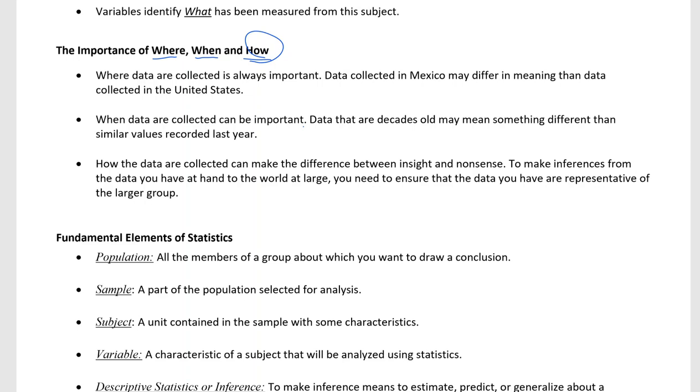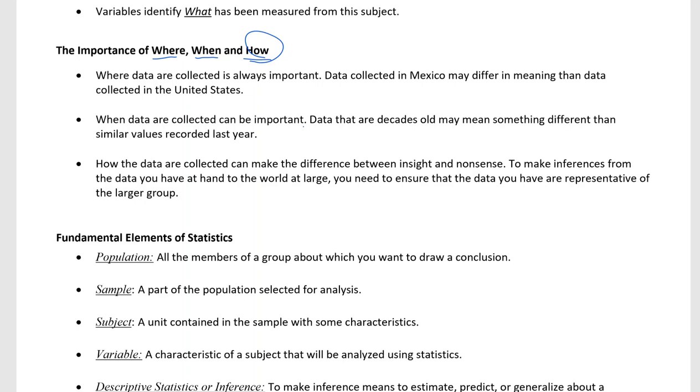Would this data table be representative of all United States citizens? Of course not, right? So how you collect this information will be very, very important for you to make the conclusion. You need to make sure your data is collected to be representative of the whole population, right?